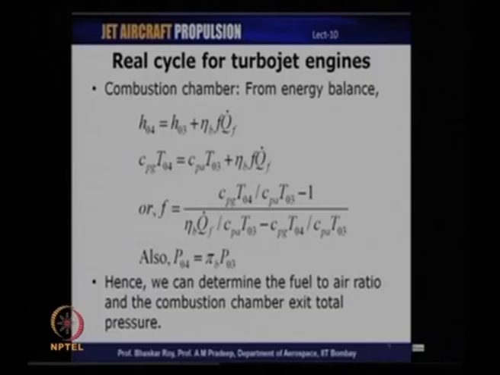Having determined the properties all the way up to combustion chamber exit, we now move towards the next component, which is the turbine. We have the temperature and pressure at the combustion chamber exit, which is the turbine inlet. Based on these known values, we can carry out the component analysis for the turbine, to determine what is the pressure across the turbine, and what is the temperature at the exit of the turbine.